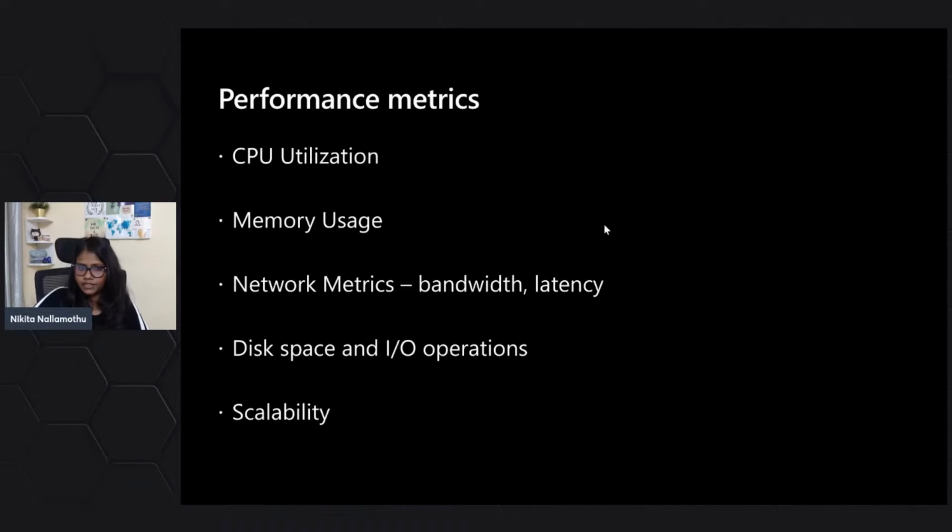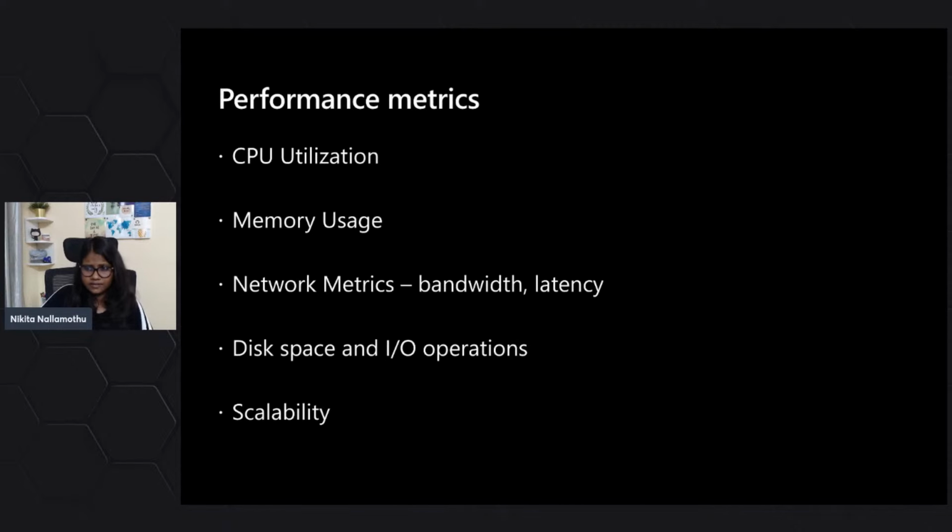The network metrics also matter. The bandwidth and the latency of the network can also affect your response times. So you should make sure that the latency is low and there's no loss in data.